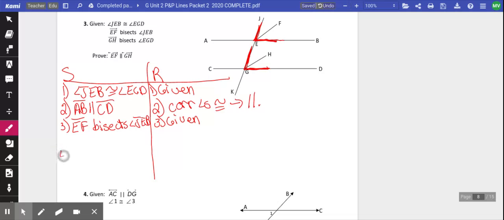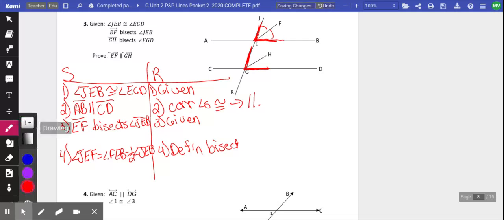All right, so the fact that EF bisects JEB, that means that angle JEF is equal to angle FEB. And that also means that it's equal to half of JEB. And all of that is due to the definition of bisect. So that means these two are equal.